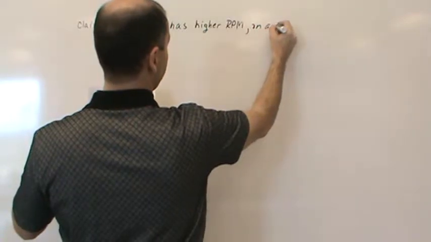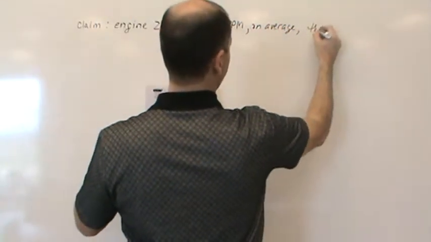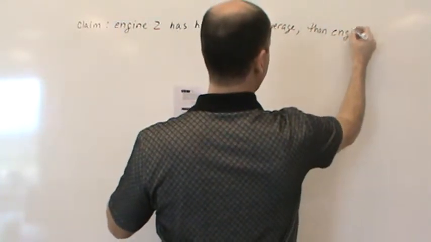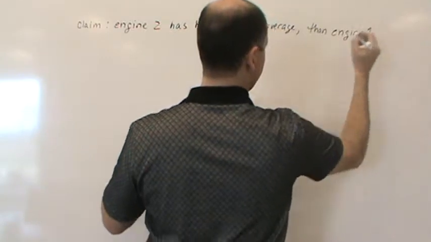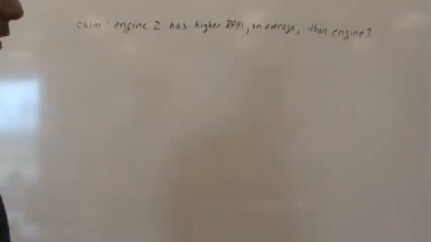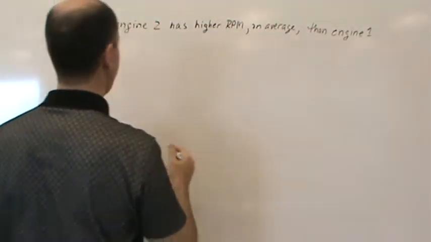So again, keywords, on average, than engine 1. Okay, so that's going to be the key here. So here's the claim. So now how do we set this?